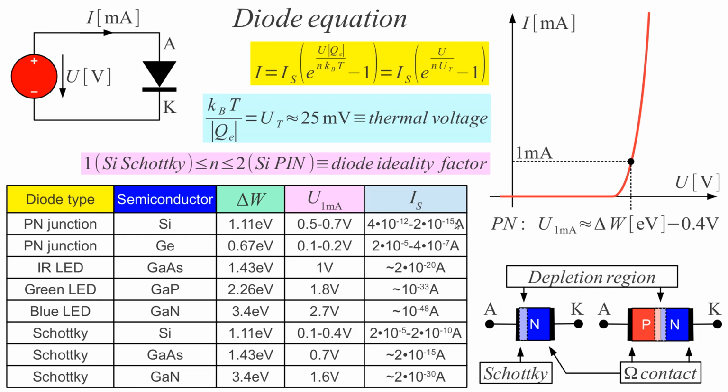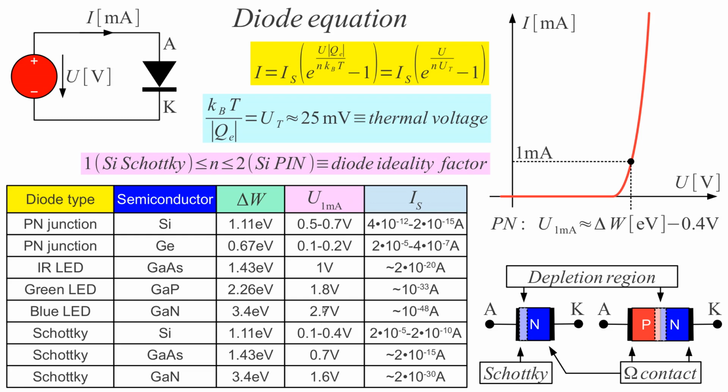So it's much more common to use the voltage at which the current through the rectifying junction in the forward direction reaches 1 milliampere. This U 1 milliampere is the voltage across the diode when biased in the forward direction, and when the current achieves 1 milliampere. This is a much easier figure to work with.